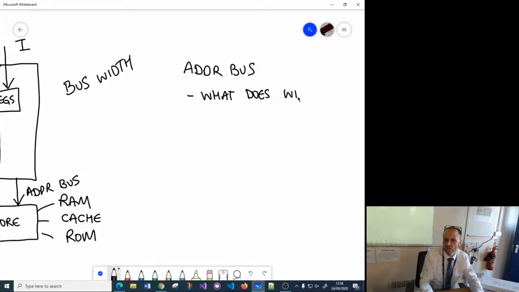What do I mean by the width? How many bits? So if I've got an 8-bit address bus, and this ties back to all that data representation stuff, how many different addresses can I specify?